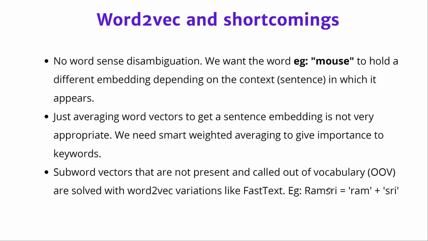So essentially a word like Ramsri could be divided into Ram and Sri, which might individually have entries in the word vector algorithm. So our sentence Ramsri is going to college will now be Ram and Sri combined with going to college and averaged out.